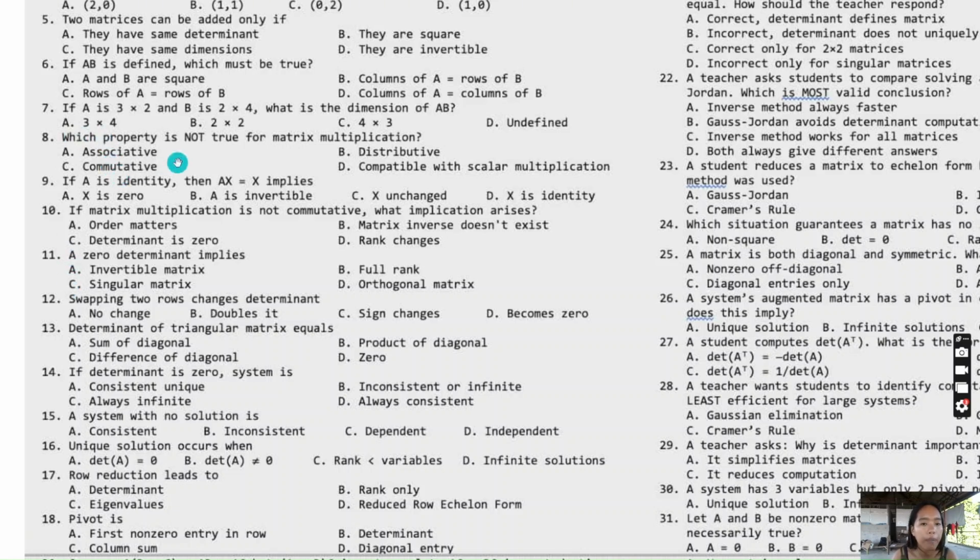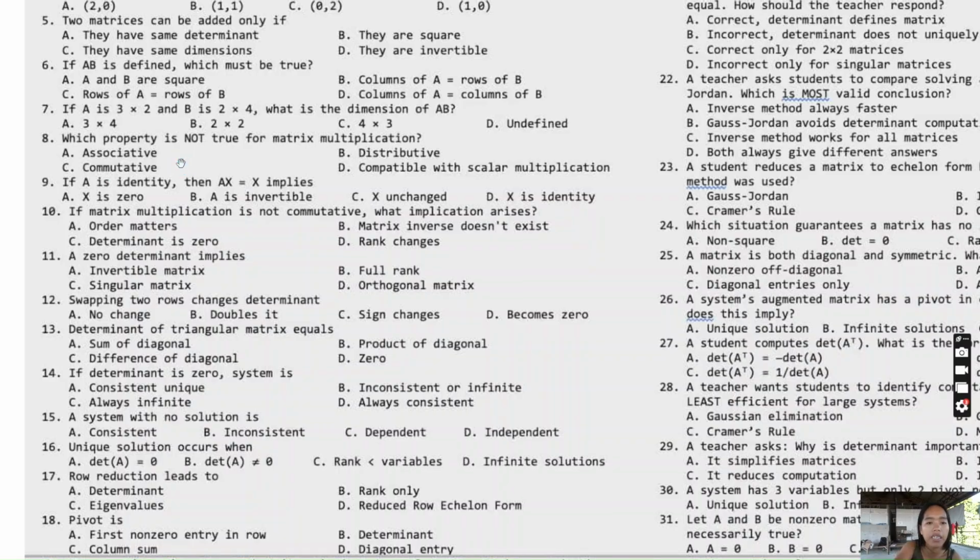So number 8, it says here, which property is not true for matrix multiplication. So the correct answer should be letter C, commutative. Because in ordinary arithmetic, we know that 2 times 3 is equal to 3 times 2. So multiplication of real numbers is commutative.